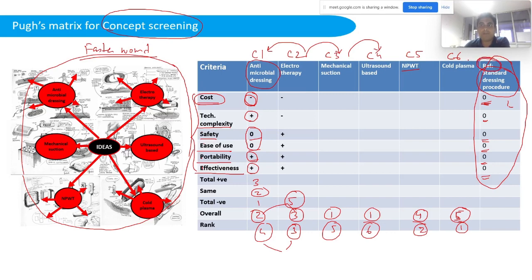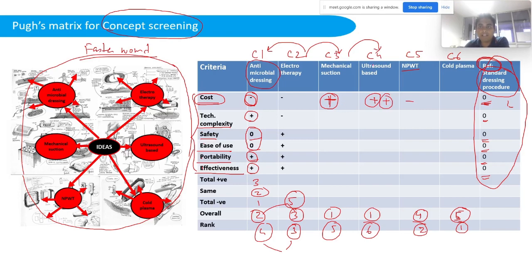That means we are getting either plus or minus. Here we do not know which is more; we can certainly find that this is plus, this is minus. But if there are concepts that are similar and positive, maybe C4 is more positive than C3.